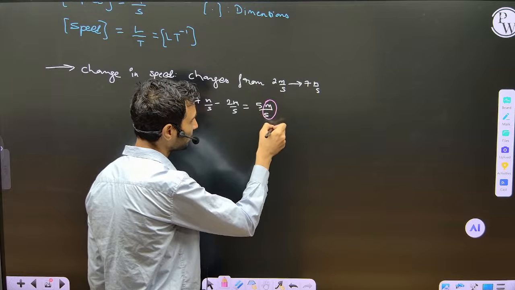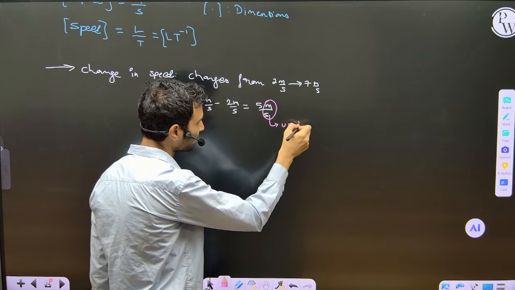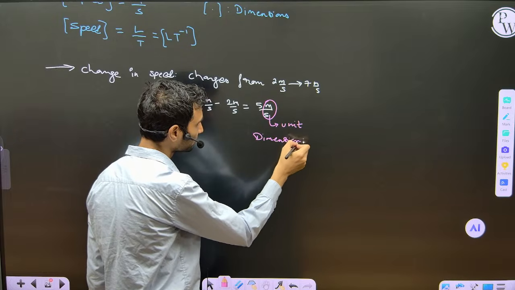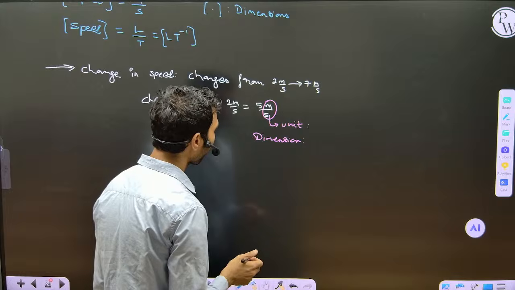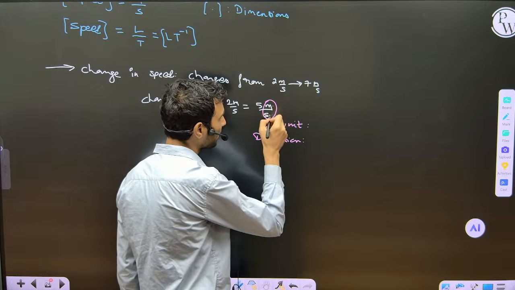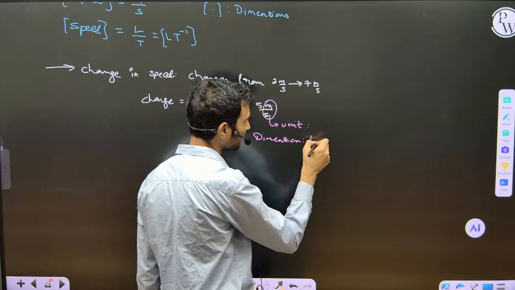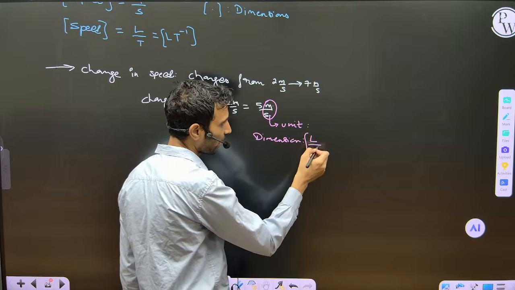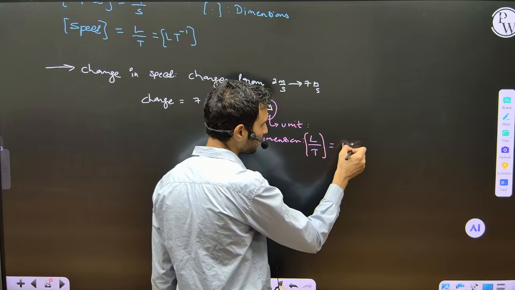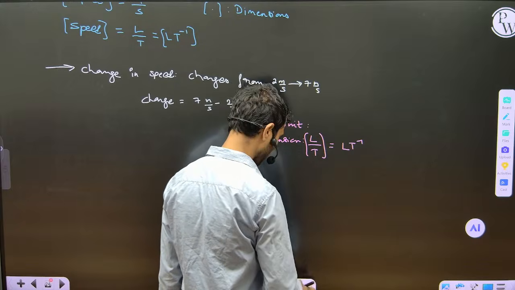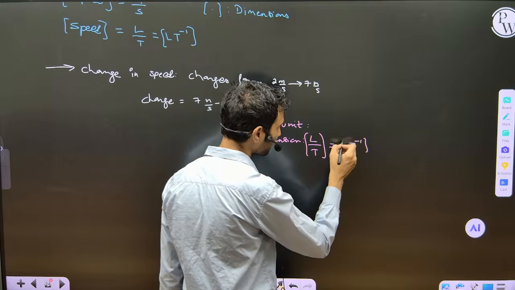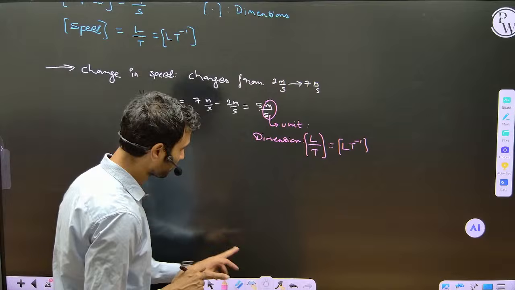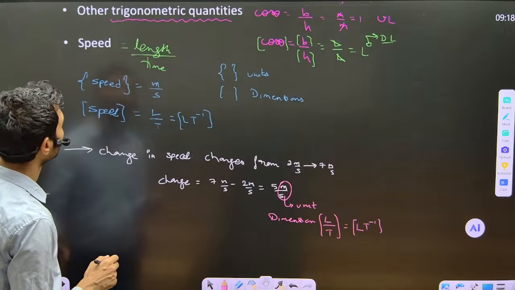And for dimension, meter means length and s means time, so the dimension comes out to be LT to the power minus 1. So they both have the same dimension. Take this down: speed and change in speed.